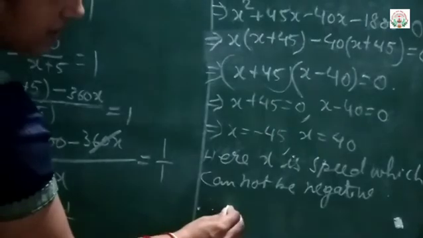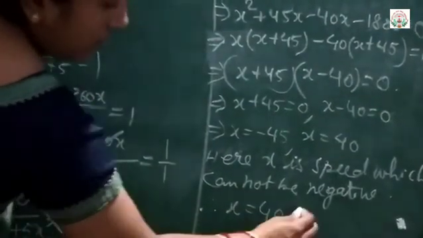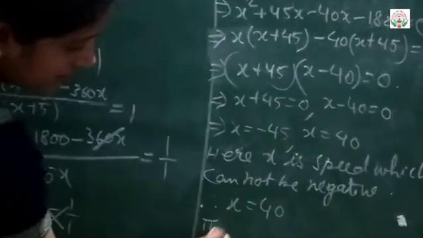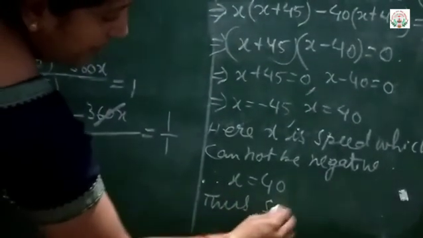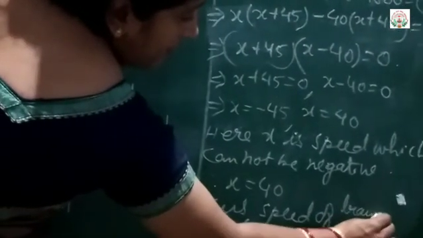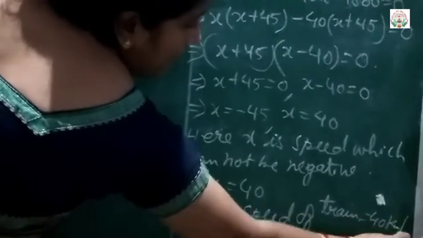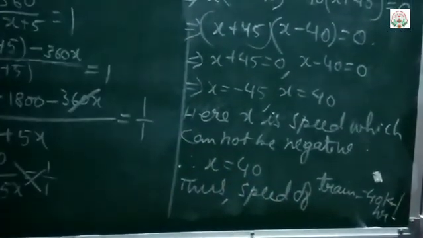Therefore x equals 40, or thus speed of train equals 40 kilometer per hour. Answer.